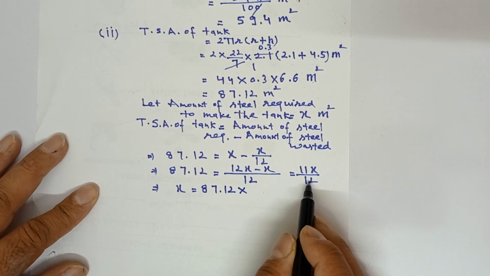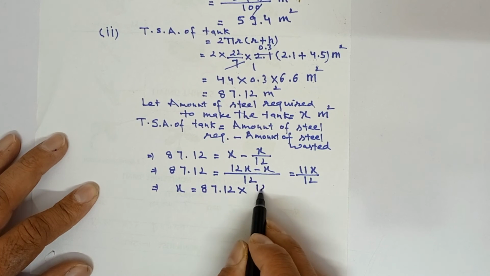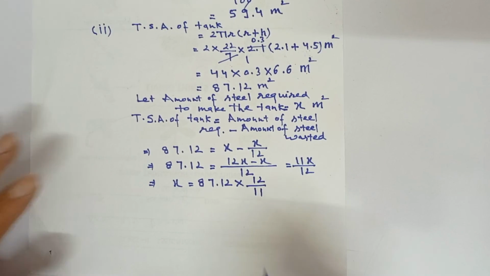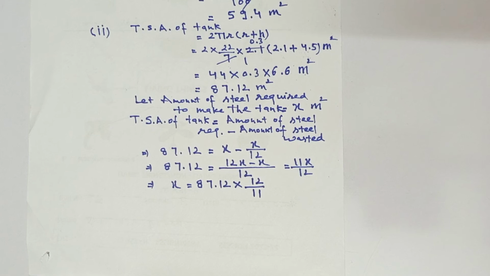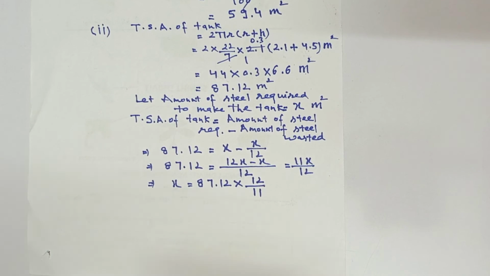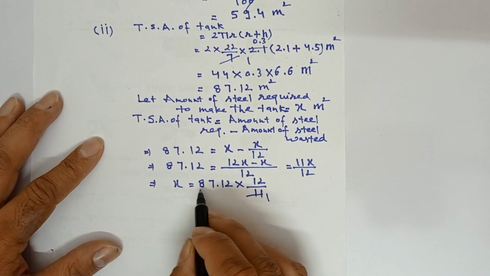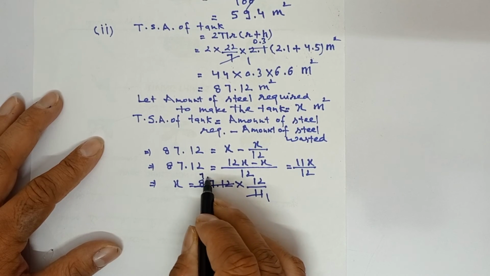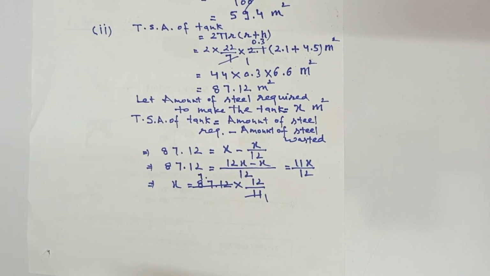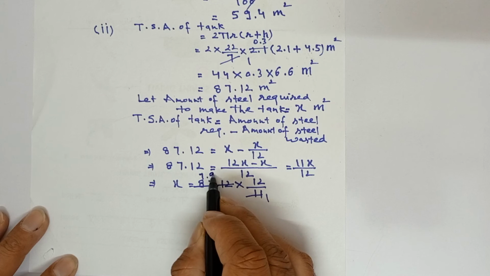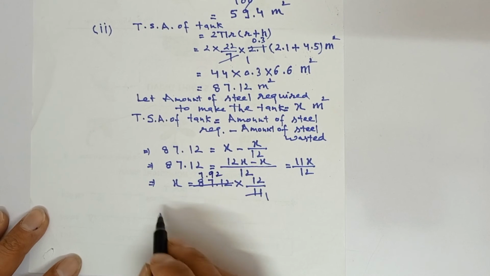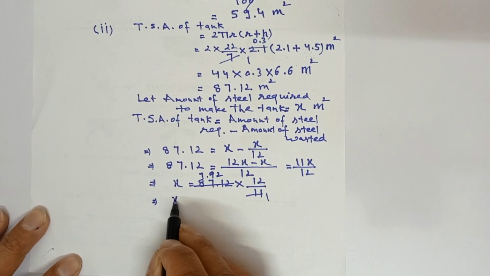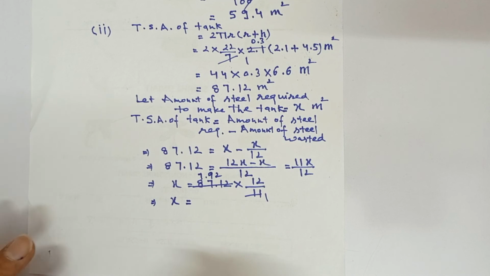This 11 over 12 is taken to the other side. It becomes 12 over 11. So necessary cutting, 11 ones are 11, 11 sevens are 77, 10 it becomes 101, 11 nines are 99, and 2, 11 twos are. Now 7.92 will be multiplied by 12.